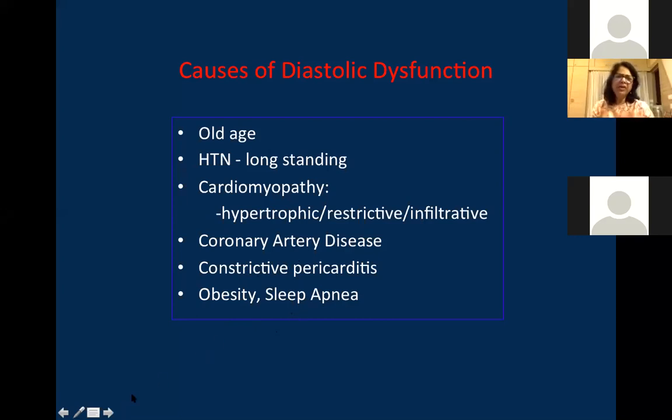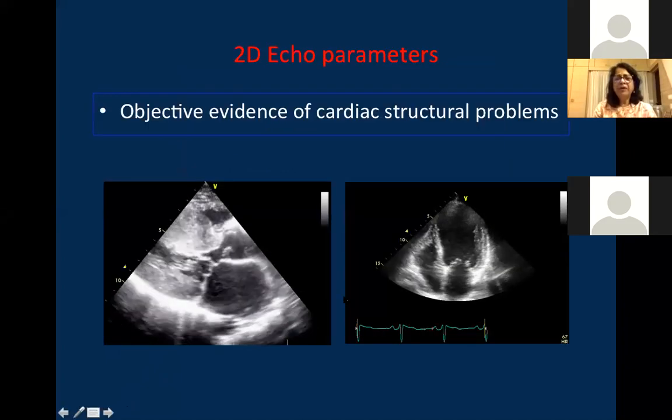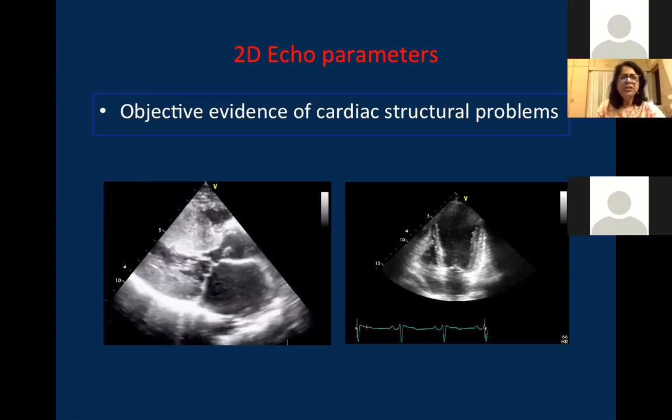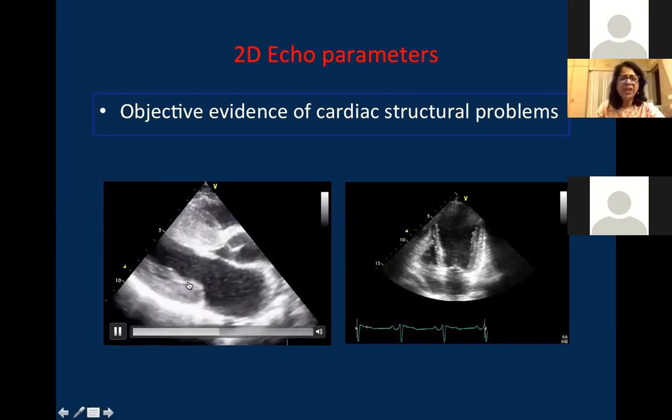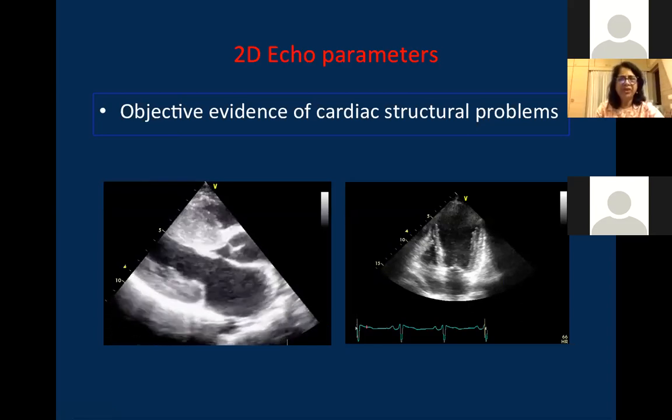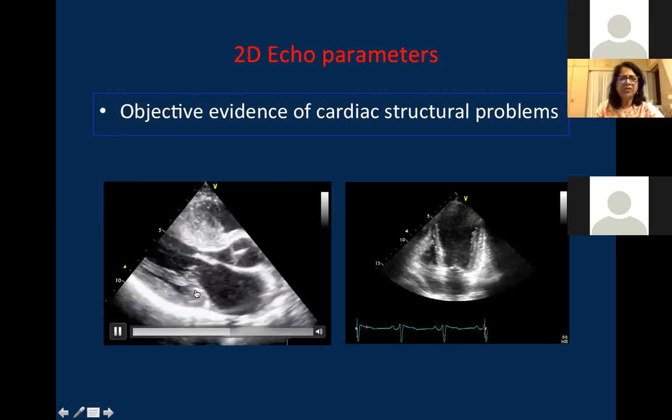Now there are various echocardiographic parameters or techniques by which we analyze the diastolic function in all these disease processes, so also in the normal patient. So one such is two-dimensional echocardiography. If you look at two-dimensional echocardiographic parameters, these structural changes which we notice in different disease processes are objective evidence of diastolic dysfunction.